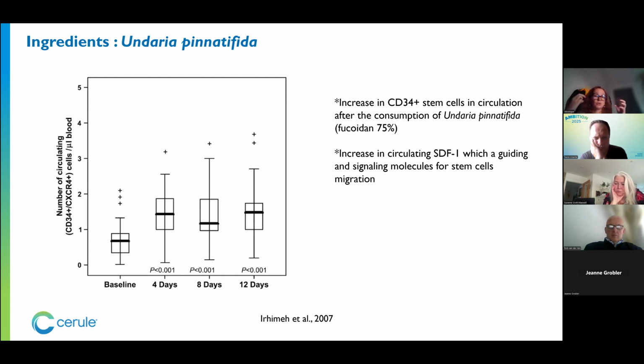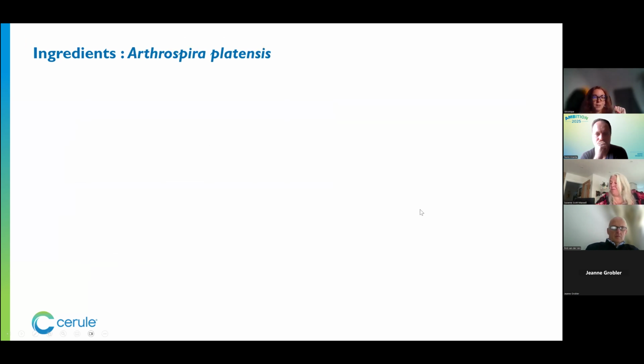This increase of stem cells in circulation is also correlated to an increase in circulating SDF1. And we know that SDF1 will bind to CXCR4, which is the receptor at the surface of stem cells. It's a guiding molecule, because the gradient of SDF1 will guide stem cells to the tissues. So it will also improve the migration of stem cells to the injured tissue.